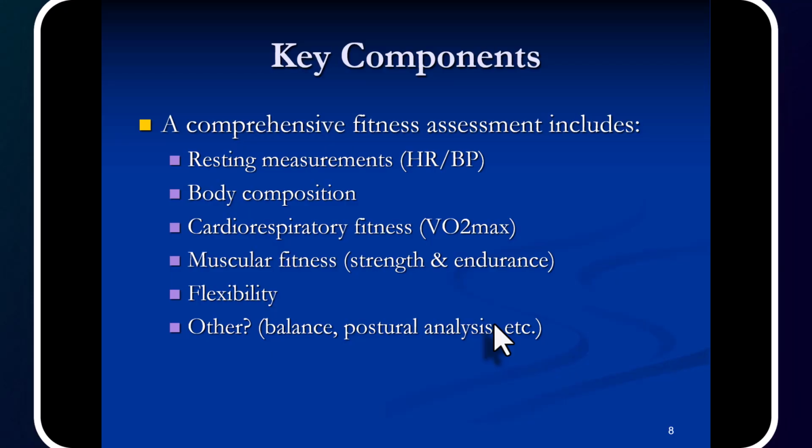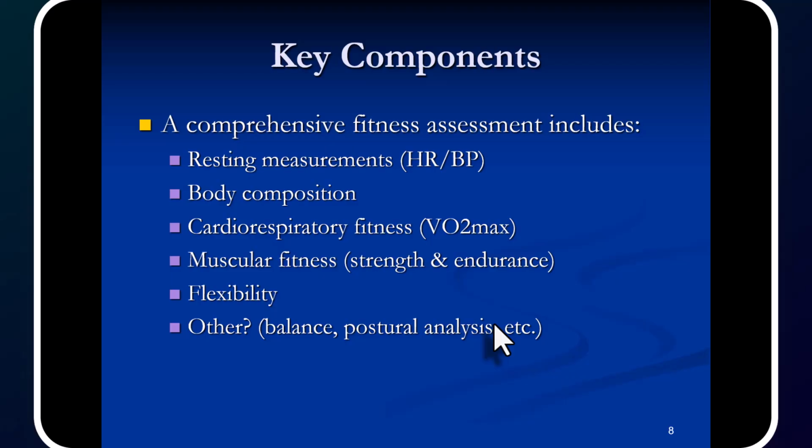Cardiorespiratory fitness, assessing VO2 max, whether it's a maximal test or a submaximal test to estimate VO2 max. Muscular fitness, generally you would want tests for muscular strength and other tests for muscular endurance. And then as far as flexibility goes, just flexibility of the major joints of the body.